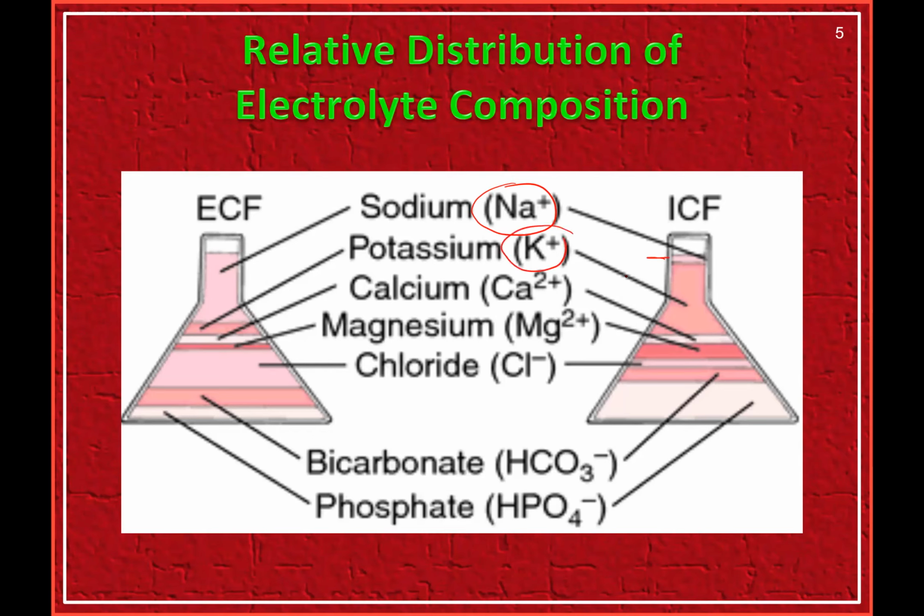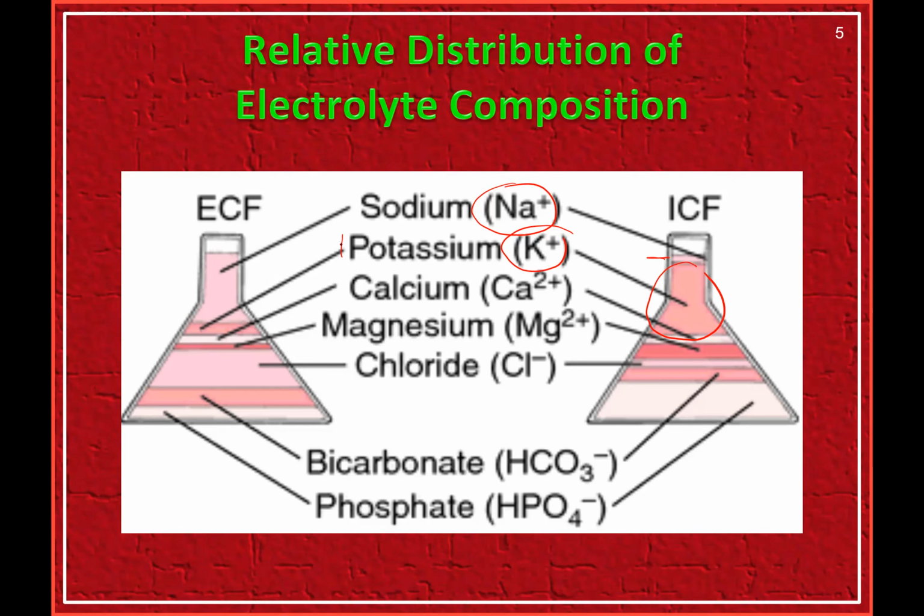Potassium is the dominant ion in the intracellular fluid, whereas it is very little, around 4 milliequivalents, in the extracellular fluid. Calcium is more or less the same. Magnesium is more in the intracellular fluid. Chloride is very much outside and less in the intracellular fluid. Bicarbonate is rather the same. Phosphate is very much more in the intracellular compared to the extracellular.